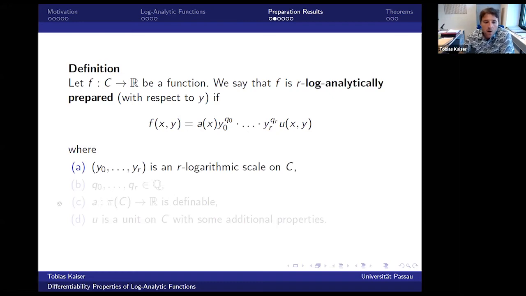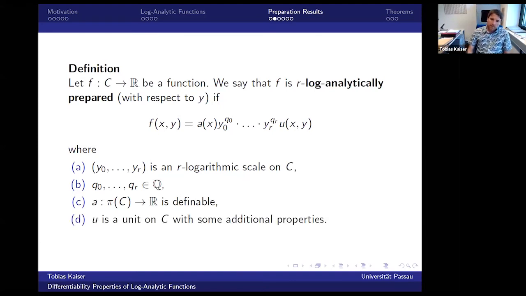Here y is an R-logarithmic scale on C, these exponents are rational numbers, a is a definable function on the projection of C, and u is a unit on C. This means it takes values away from 0 and infinity.